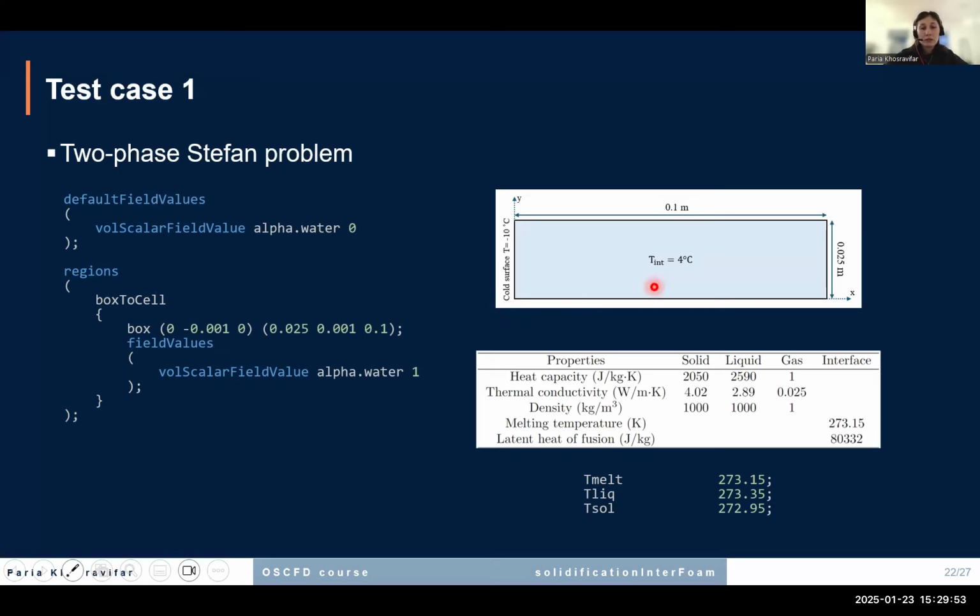Inside the water, we initially have 4 degrees, which is higher than the melting temperature. This problem is isothermal, so the freezing will happen at a constant temperature, which is the melting temperature. But in the relations, we need to consider T liquidus and T solidus. To use this, we need to define the phase change temperature range as a small value, which I set to 0.4 kelvins in this simulation.